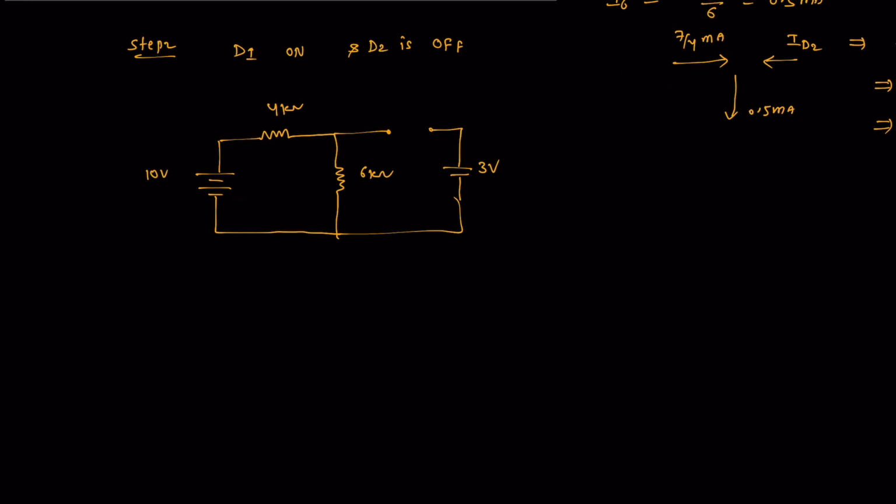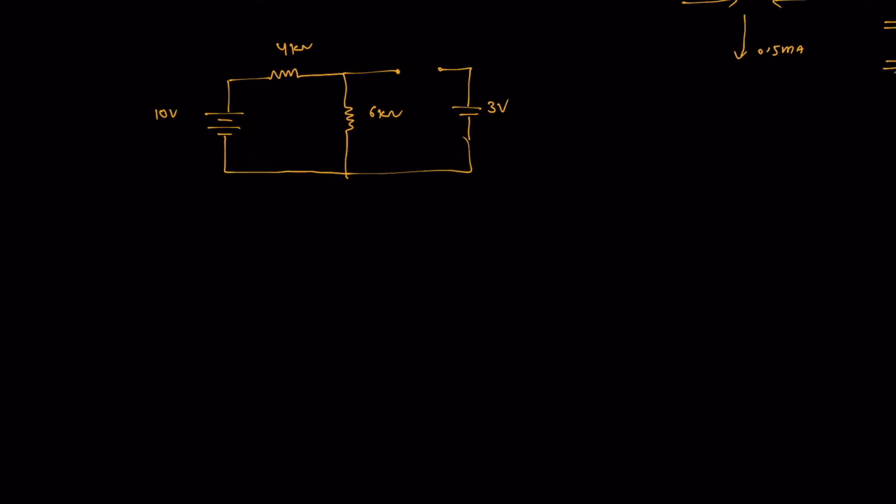Now this is a simple voltage divider circuit. Let's calculate V6, the voltage across the 6 kilo ohm resistor, which is 10 over the total resistance 6 plus 4, multiplied by 6. So this is 60 over 10, which is 6 volts.